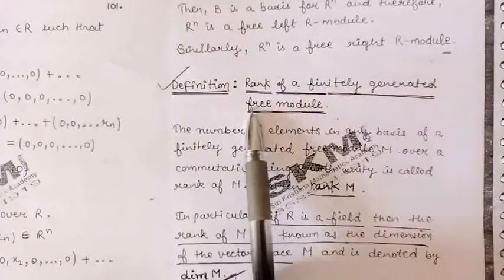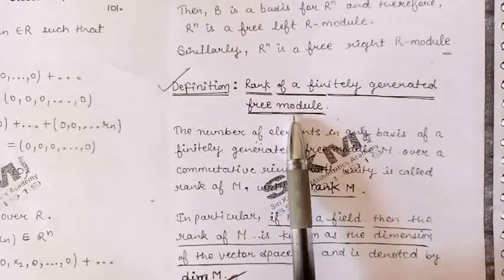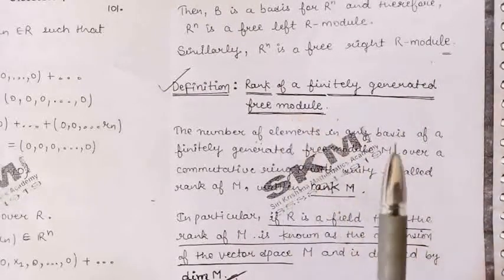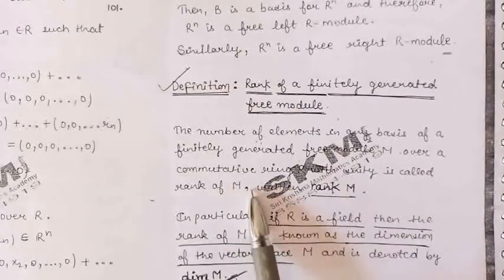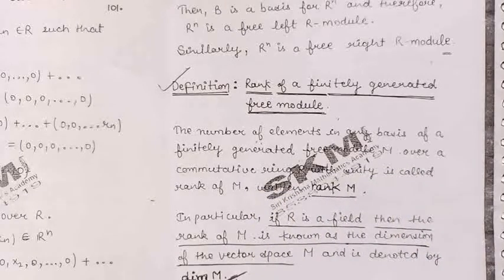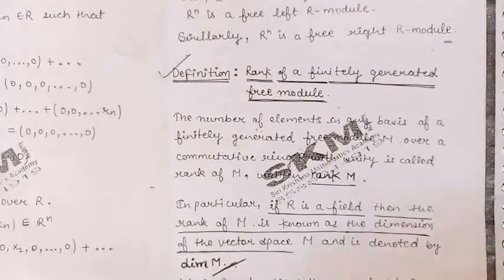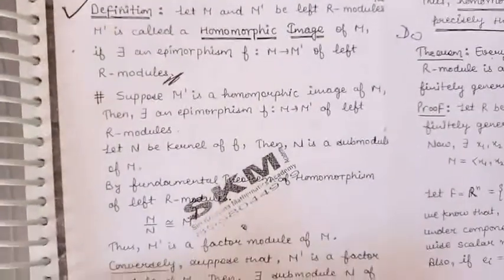Rank means the number of elements in any basis of a finitely generated free module M over a commutative ring with unity, that is called the rank of M. And in particular, if R is a field, in that case the rank of M is called the dimension of the vector space M, and it is denoted by dimension of M.